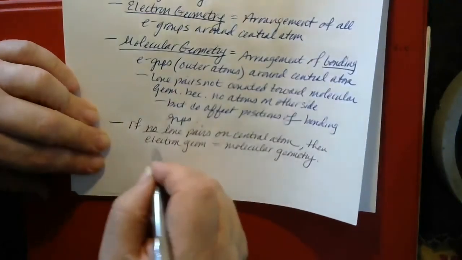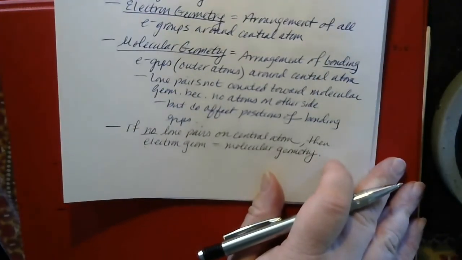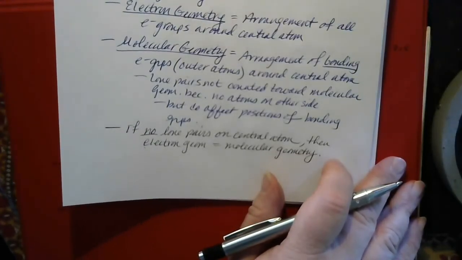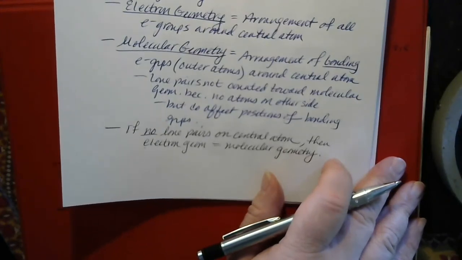So what we've been seeing so far in the examples that we just did, with this number of electron groups or that number of electron groups, what shape will that be? We could have referred to those geometries as either electron geometries or molecular geometries, because in fact they are the same when there are no lone pairs.